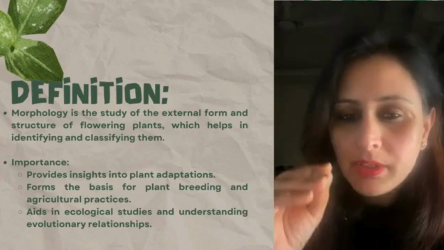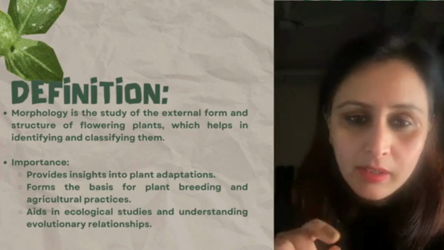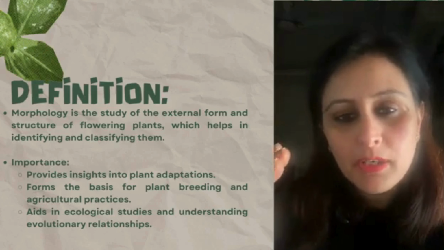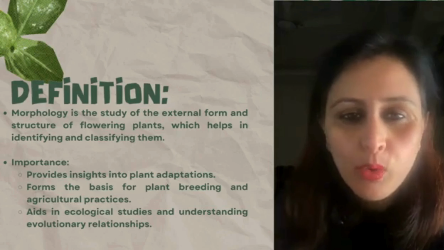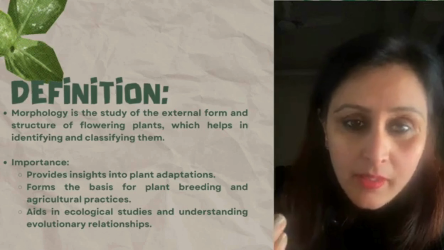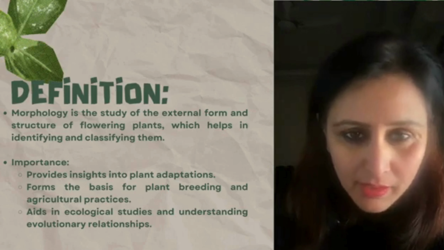When we were doing classification and nomenclature, the first thing that we talked about is that identification is very important, and then once the organism is identified, then comes how we can classify it, right?